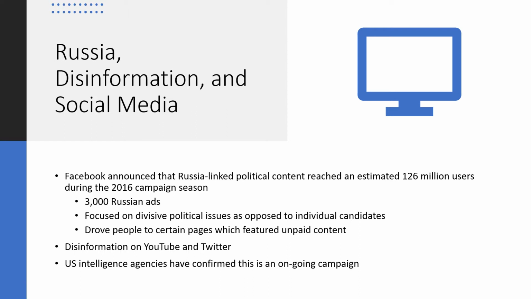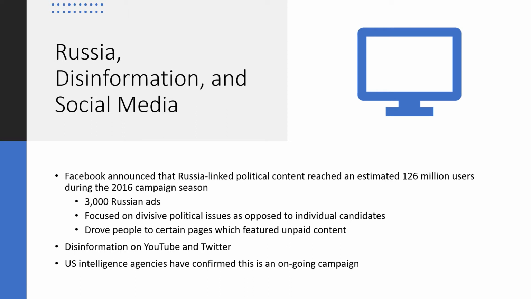Many social media sites, US intelligence agencies, and others found and have confirmed that there was an ongoing campaign from Russia to spread disinformation via social media. And that campaign goes on today. There are more roadblocks now that have been identified than in 2016.